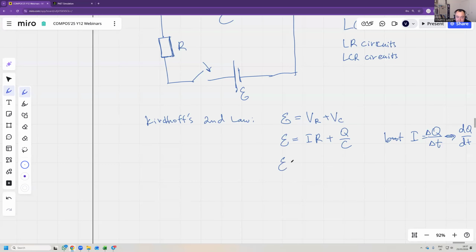So we can write EMF is dQ over dt times R plus Q over C.